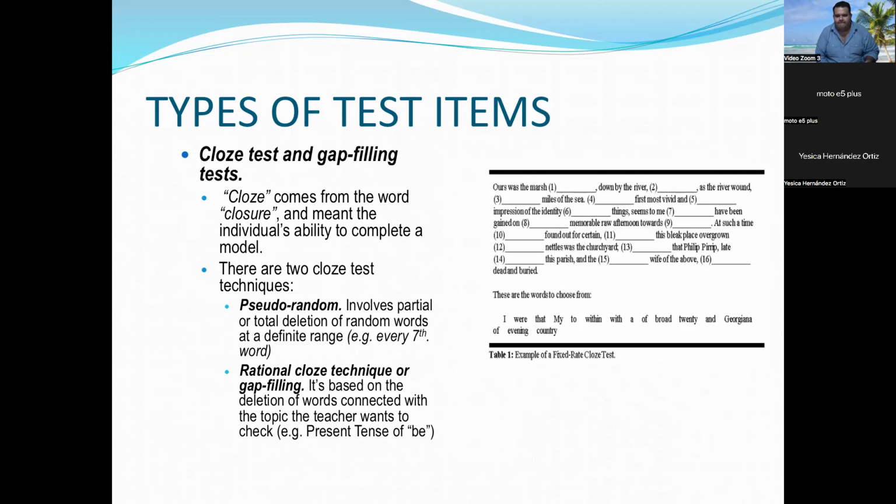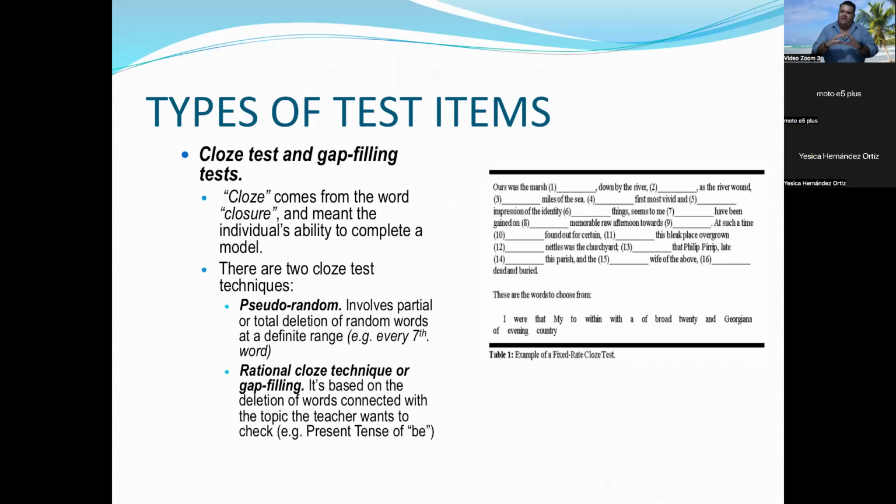Rational cloze technique or gap filling is based on the deletion of words connected with the topic the teacher wants to check. For example, present tense of be. In other words, you have a reading of fill in the blanks. It could be random or for specific items.